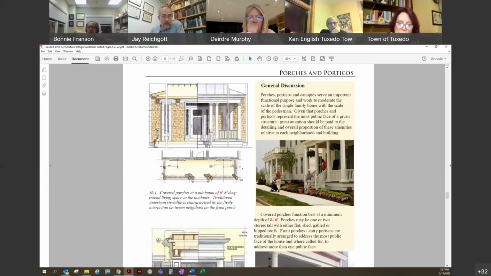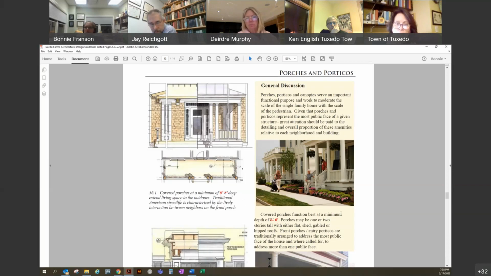Here, the porches and porticos, the 8-foot deep porch, again, came out of the concept of these form-based codes and creating traditional neighborhoods. The idea was that you would be out on your porch and you'd interact with your neighbors on the sidewalk. And 6-foot deep porches really are more aesthetic than they are usable, and the 8 feet are more usable.